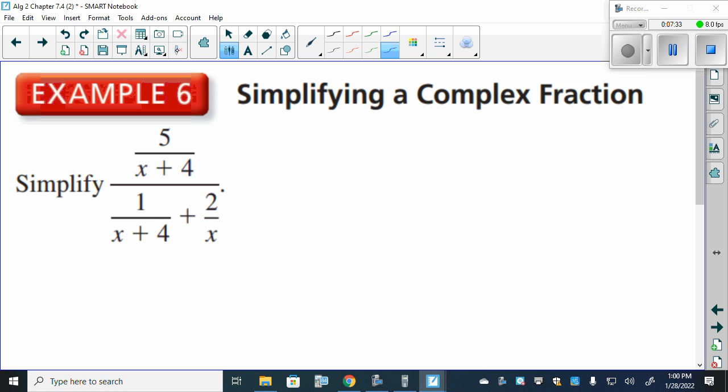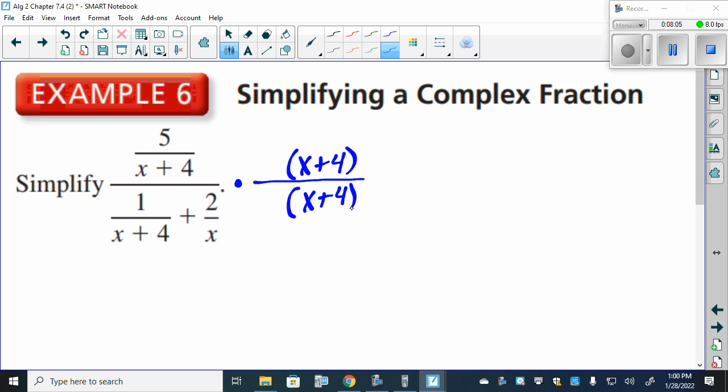What would I need to do to the 2 over x? What would I need to multiply it by to get a similar result? X, because if we multiply it by x, we would have 2x over x, which simplifies to 2, yes? So if I multiply top and bottom by x plus 4, we know that it'll simplify the 5 over x plus 4, and that will also simplify the 1 over x plus 4.